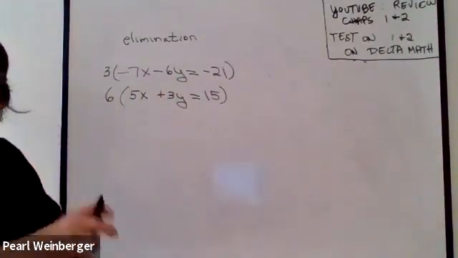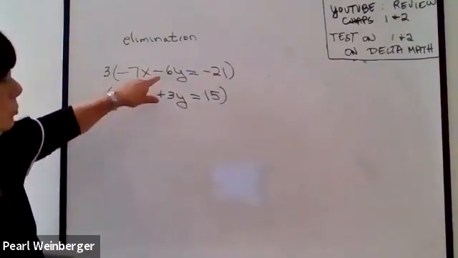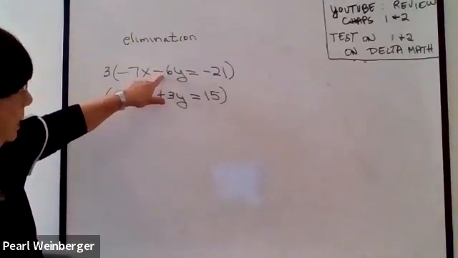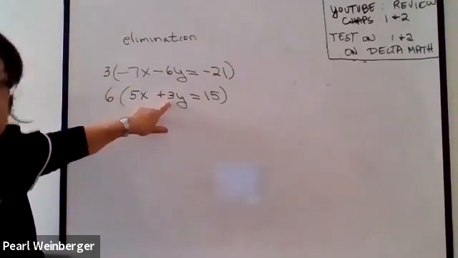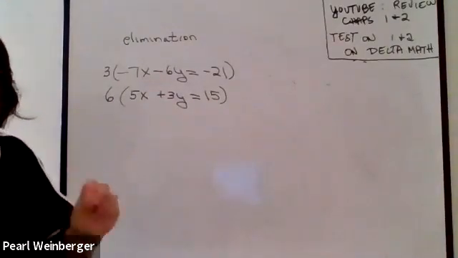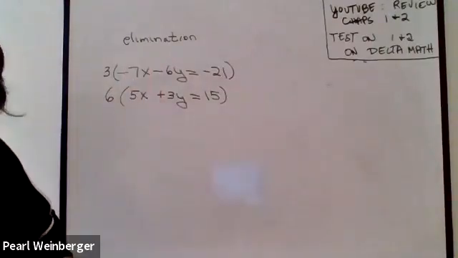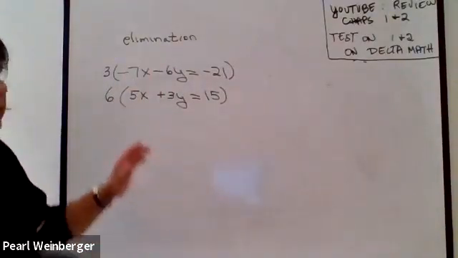And that will decide, do I have to use a negative sign? If you notice already, one of the Y's is negative and one of them is positive. And that's exactly what we want. We need one to turn out to be positive, one to be negative. I already have that situation. Let's not fool with that.